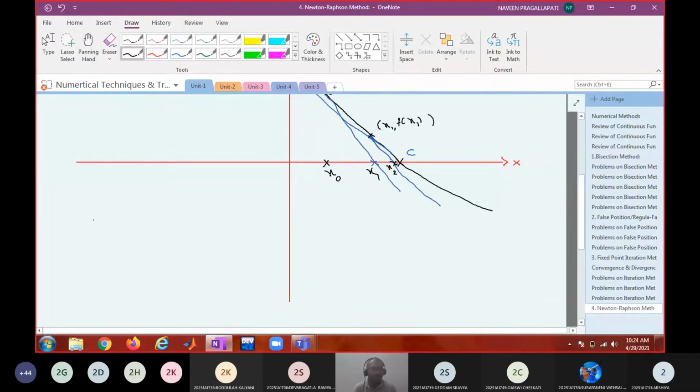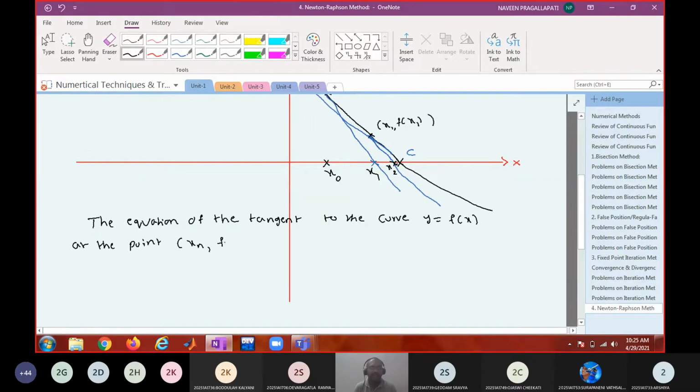The equation of the tangent to the curve y equal to f of x at the point xn, f of xn.